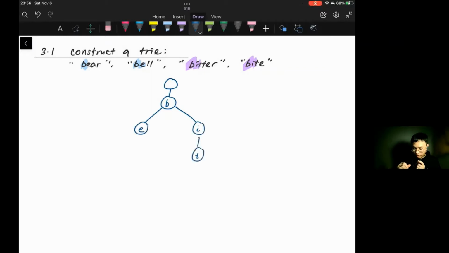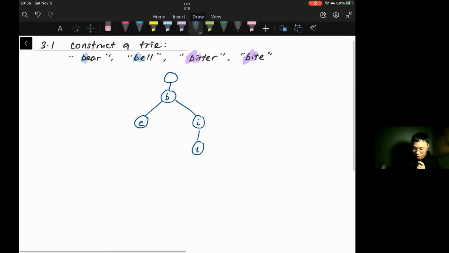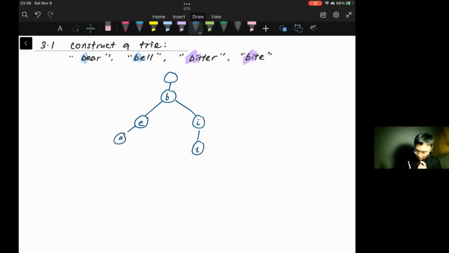Okay, once we have fixed the prefix, let's break down the words even further. From the left subtree, we know that AR precedes LL, so we can just insert them. Whereas for the right subtree, we have bitter and bite.